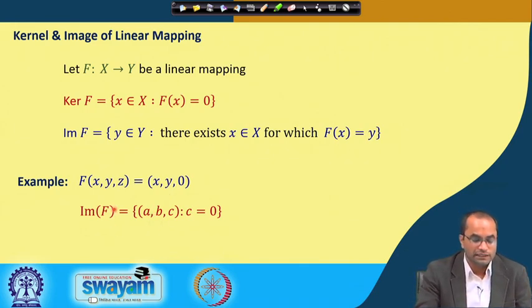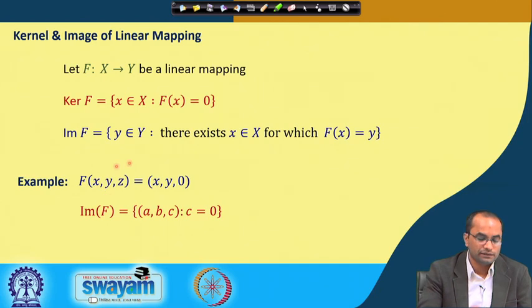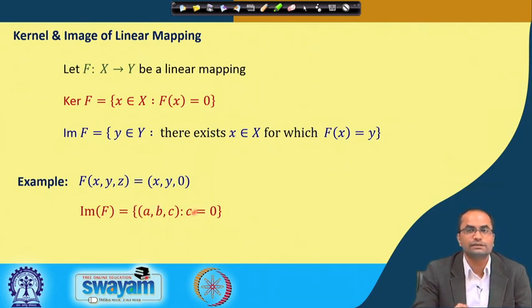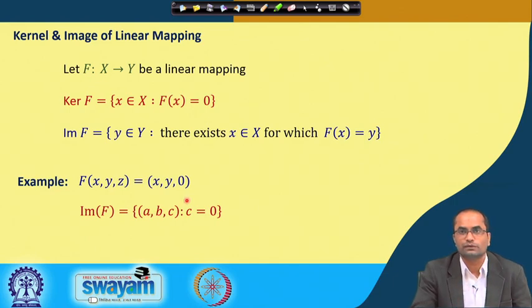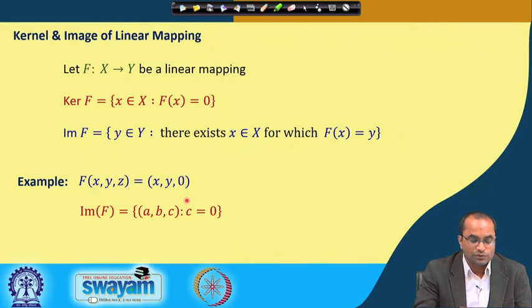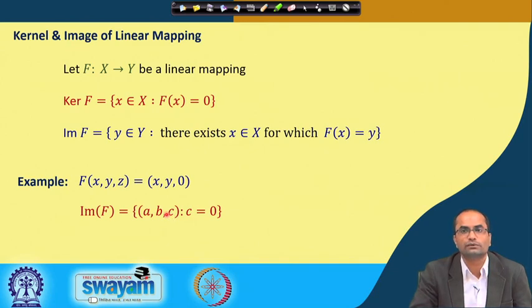So, here the image of this mapping is nothing but all the points (a, b, c) whose third component is 0. That means all the points (a, b, 0), where a and b belong to the real numbers. When we have all the points where the third component is 0, this is nothing but the x y plane.